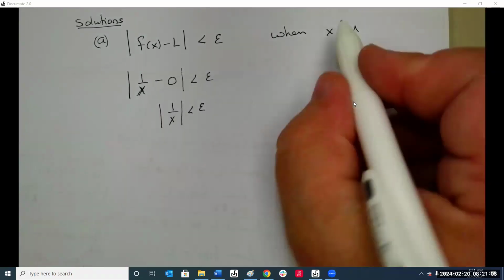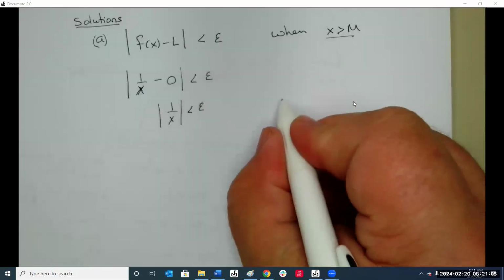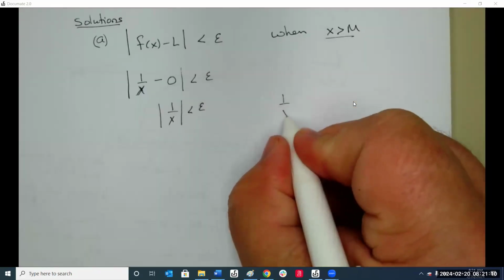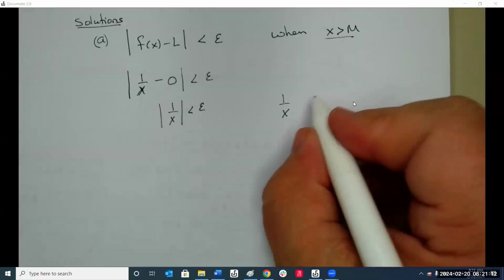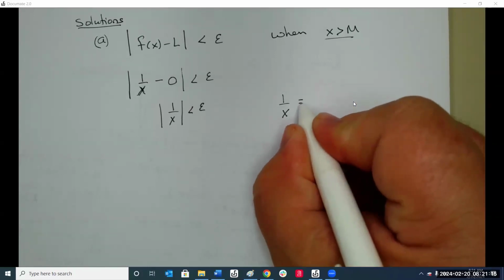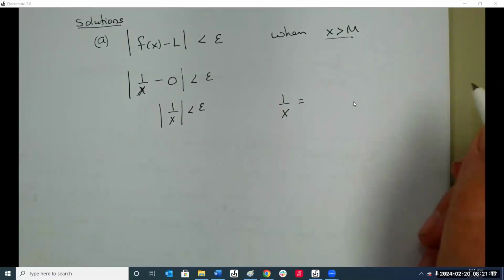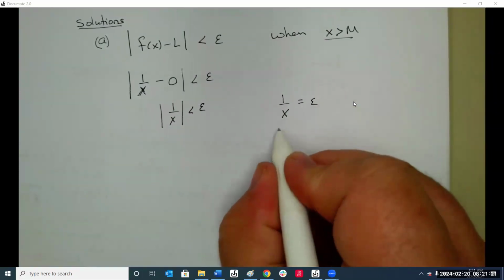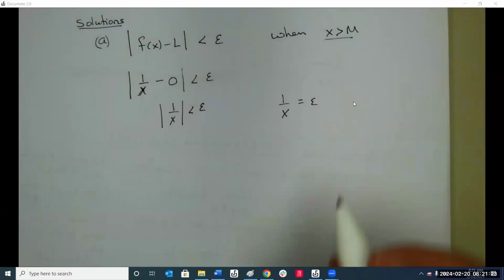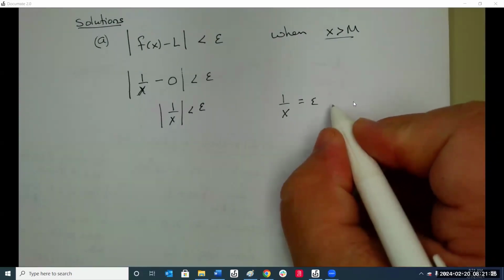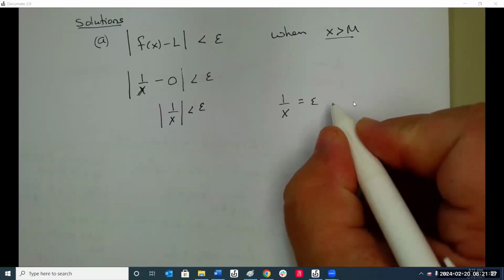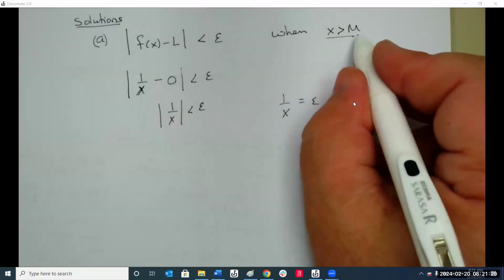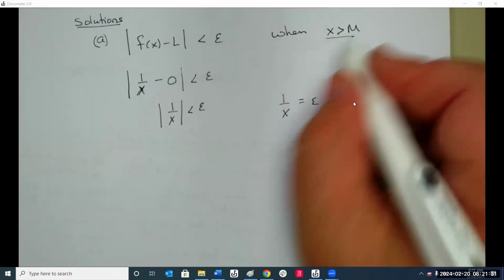So what this proves, remember, whatever x is, is 1 over x equals epsilon, which means what? How do we connect these two?